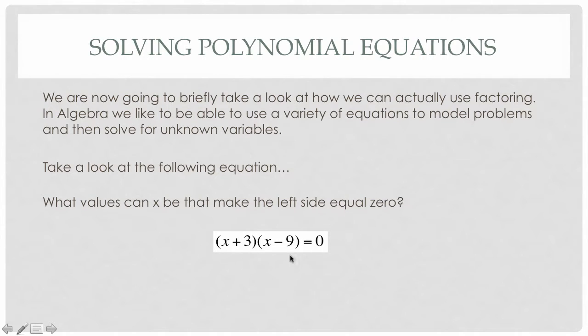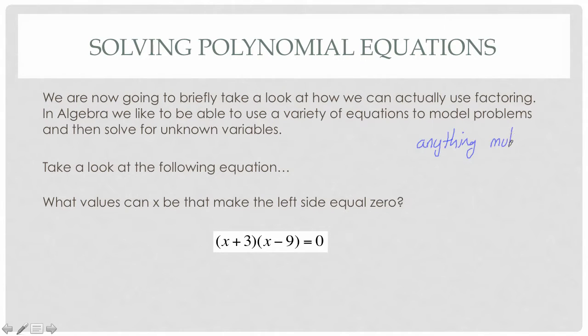Again, here's an equation. I've got x plus 3, a binomial, times x minus 9, and I want to know, well, what value of x is going to turn that into 0? Well, if we think back to all of our multiplication skills, anything multiplied by 0 just is 0.